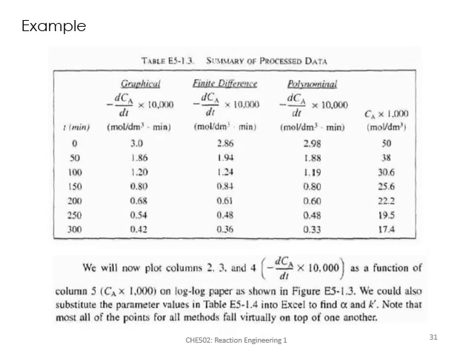This is the summary of processed data if you compare the differentiation methods using graphical, finite difference, and polynomial. As I mentioned earlier, you need to try. If not, it's really difficult to understand.